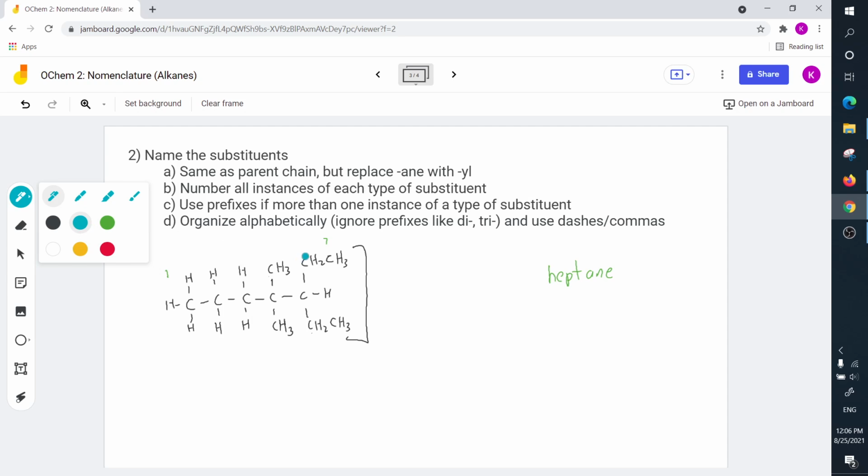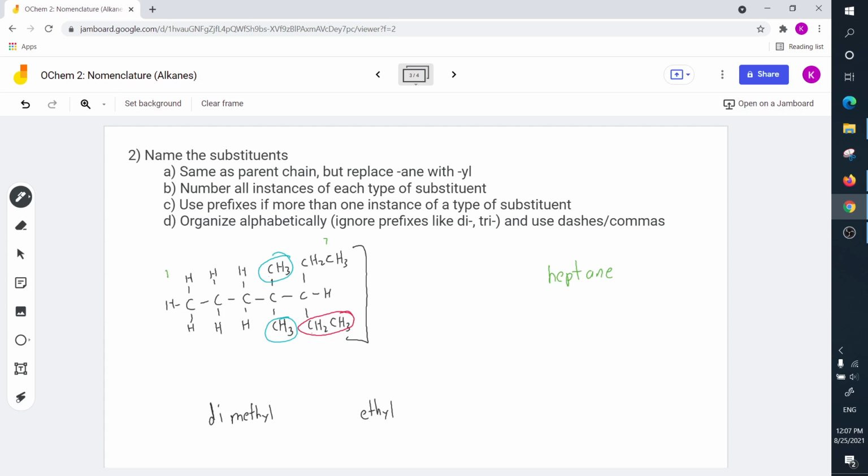Now let's take care of the substituents. First, let's count. What substituents do we have? We have methyl groups, and we have an ethyl group. All right, so let's write that out. Methyl and ethyl group. Right, now let's count how many instances we have of it. We have 2 instances of methyl, so we write dimethyl.